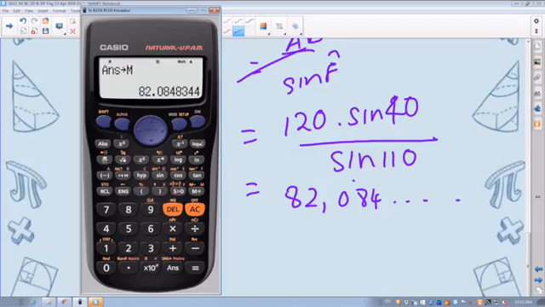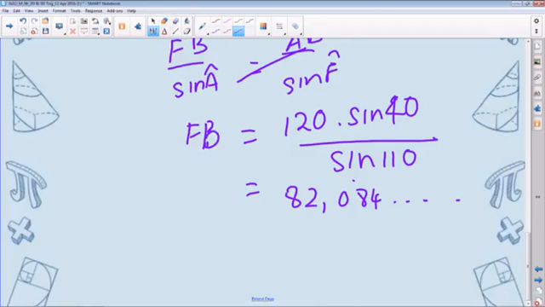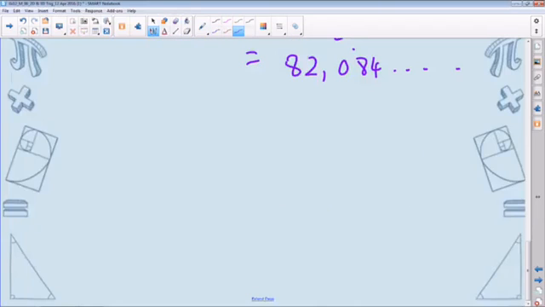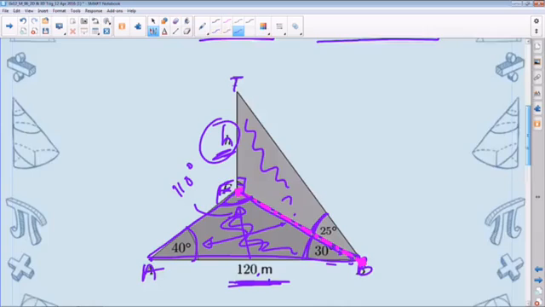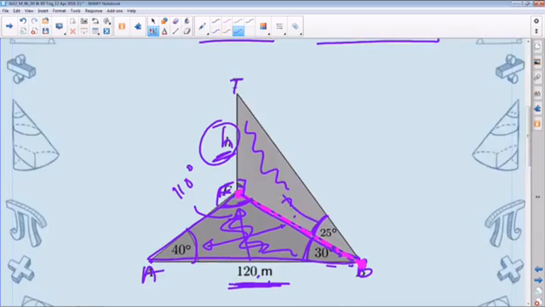Okay. All right. So now that we've got FB, remember, that's the one we said we needed. Now that I've got FB, I can work in triangle FTB, and I can work out my height H. What are we looking for? Well, we look at the angle we've been given, which is 25 degrees.